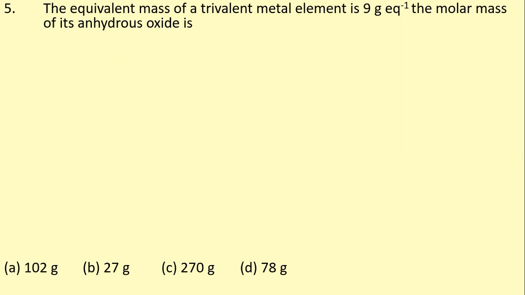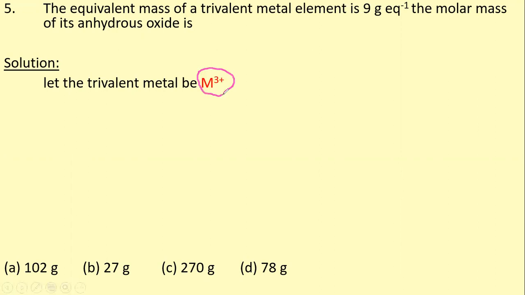See, trivalent means, tri means 3, okay, and the valence will be plus. They didn't say anything about the ion, so now we are mentioning it as 3. So trivalent refers to 3 plus, and here they have given the metal, so which means M3+.